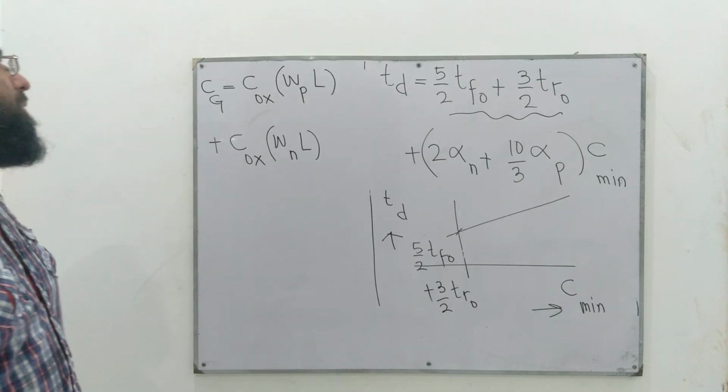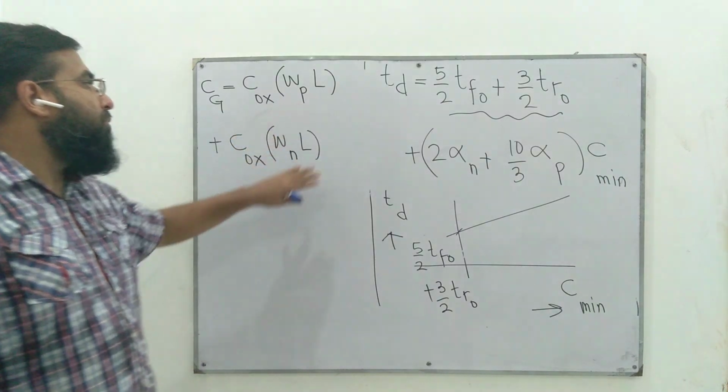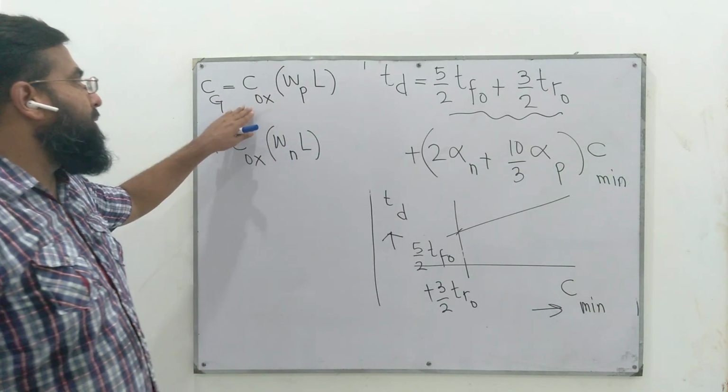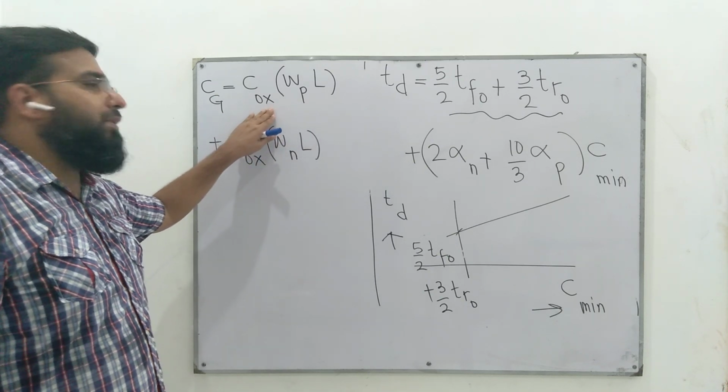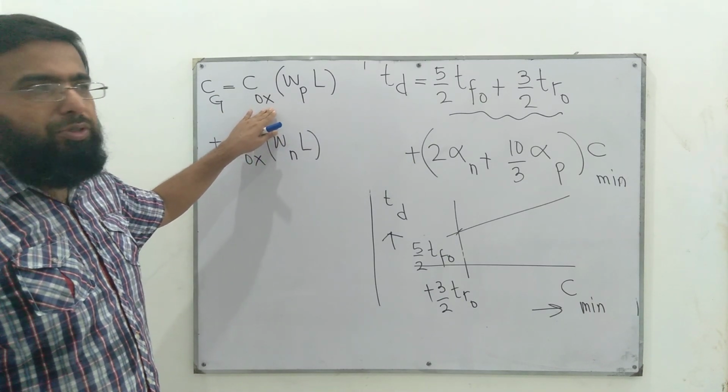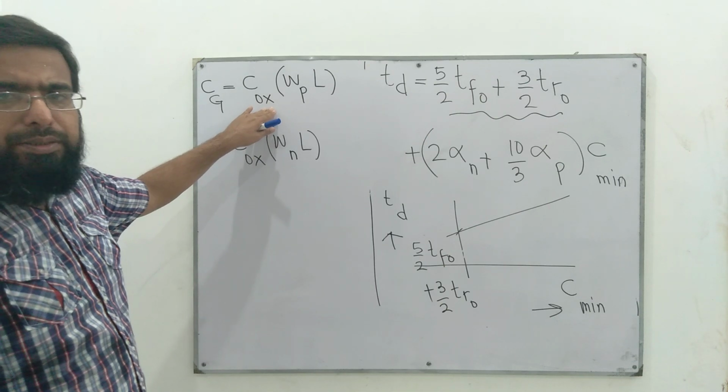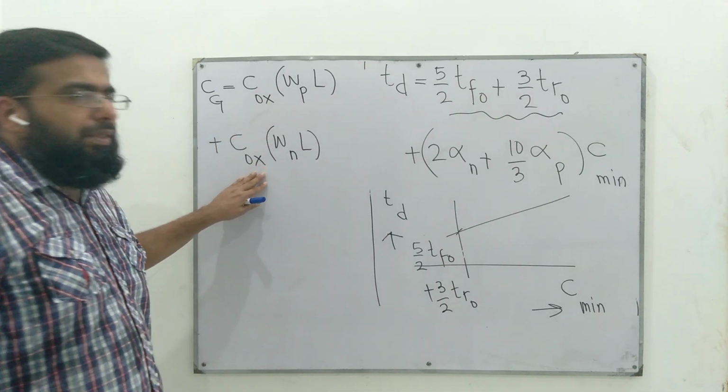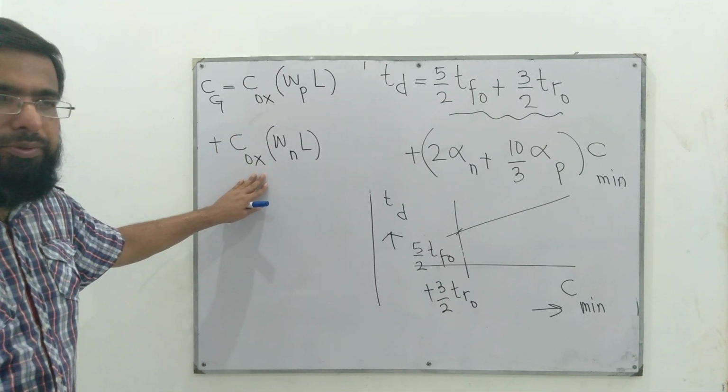C oxide times WP for PMOS, and this is for NMOS. This is the gate capacitance, the input capacitance offered by the PMOS transistor at its input, and this is offered by the NMOS transistor at its input.